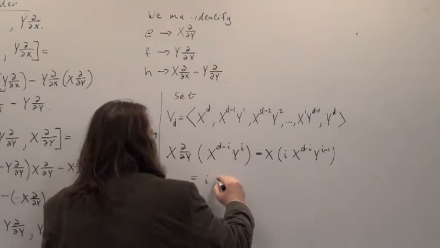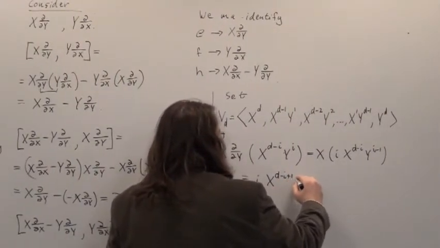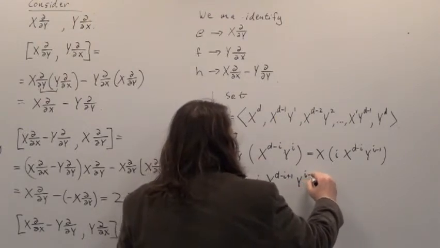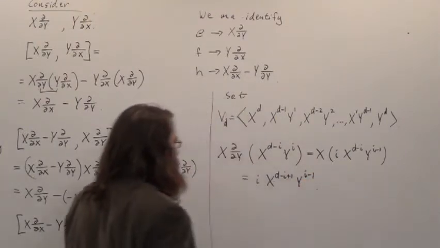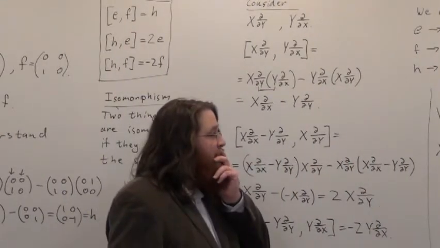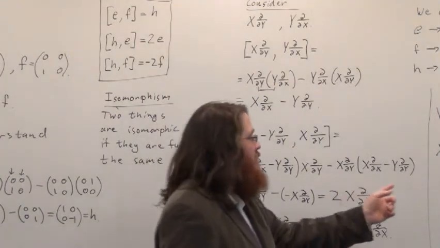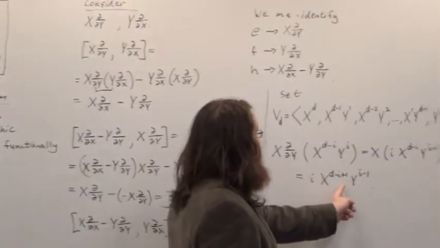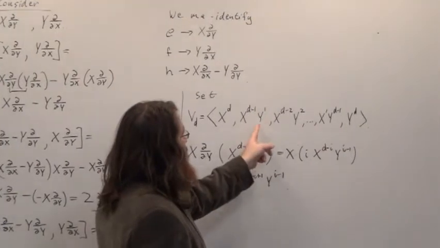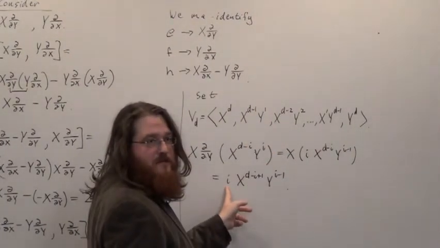So I get i times x^(d-i+1), y^(i-1). But what's important to notice is that I stayed inside my set. So really what happened is I increased my degree of x by 1 and decreased my degree of y by 1 and picked up some constant.